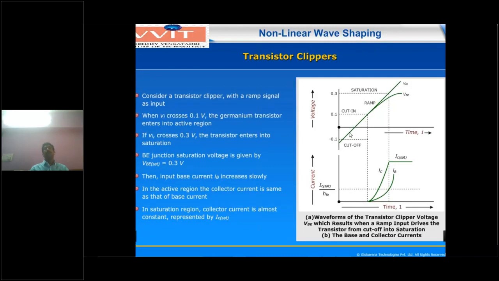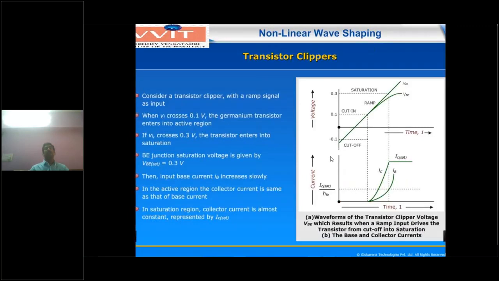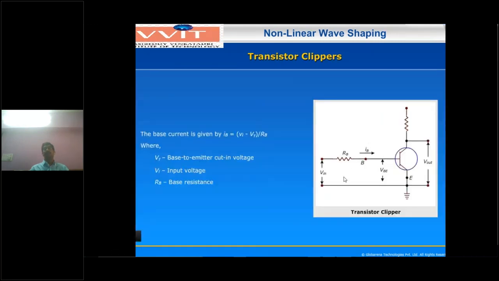Now what is the transistor operation? This input voltage is applied at the transistor base. What is the operation required? Here I am using a germanium transistor, so the cut-in voltage V gamma is 0.1 volts. Similarly, at 0.3 volts the transistor goes to saturation. That means whenever the input voltage is above 0.1 volts, the transistor goes to the active region.